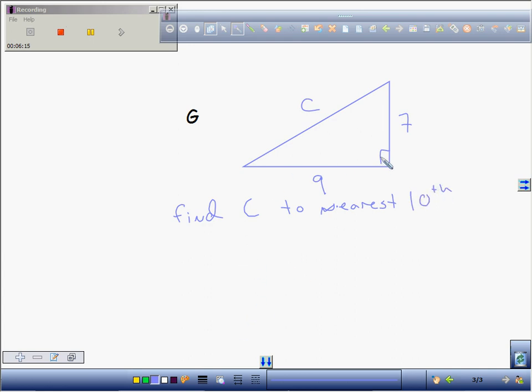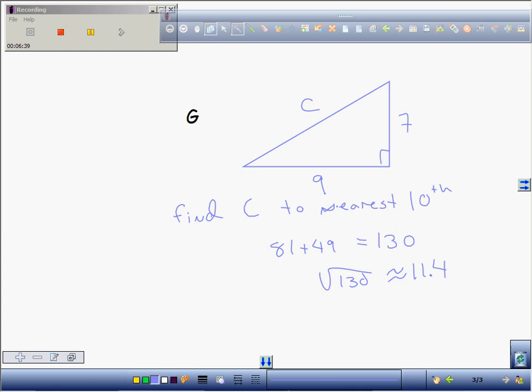Maggie's turn. 11.4. Is that right? 81 plus 49, what's that? 130. So you take the square root of 130. And is that 11.4? Okay. So very good.